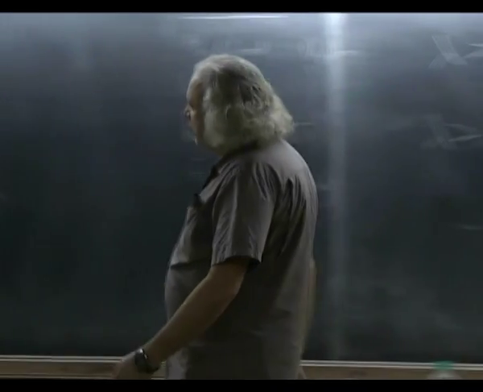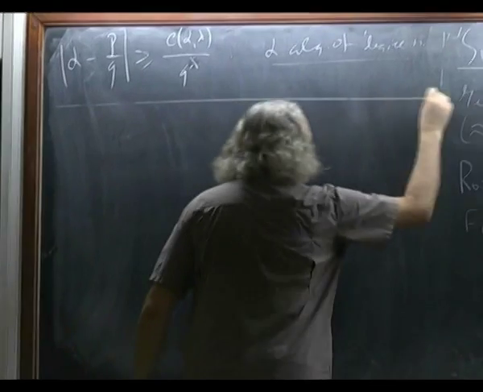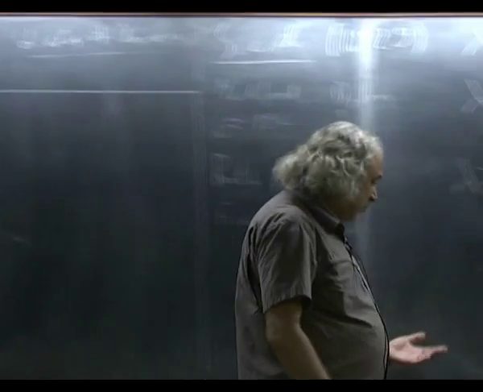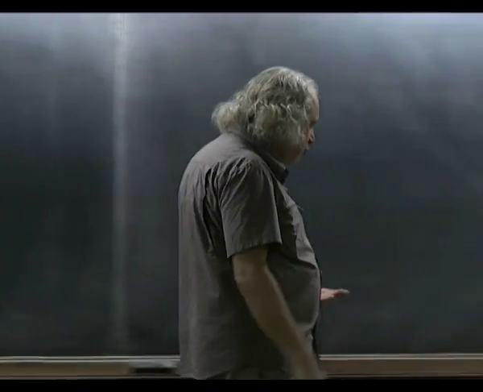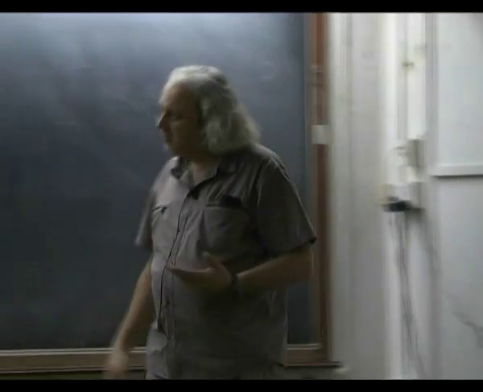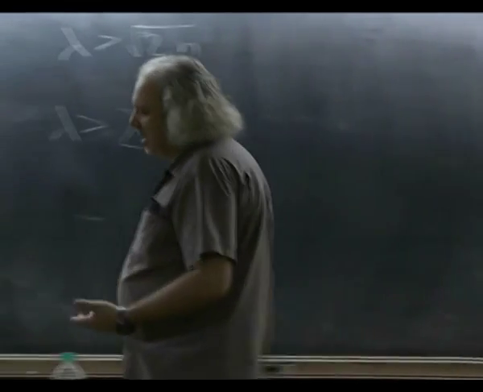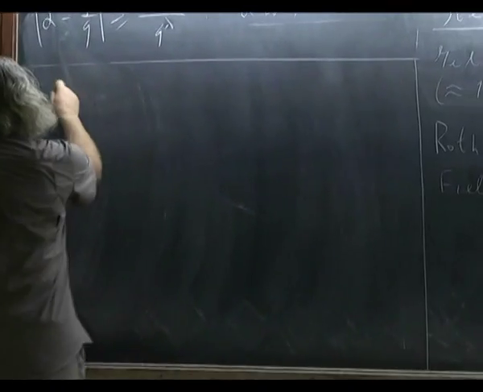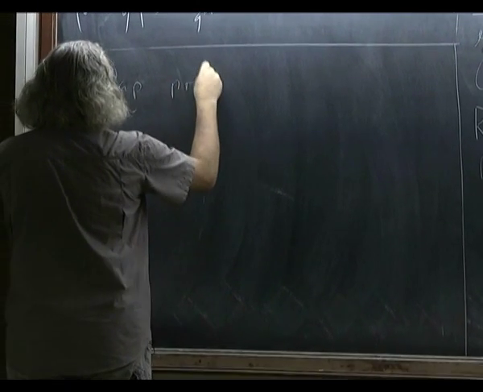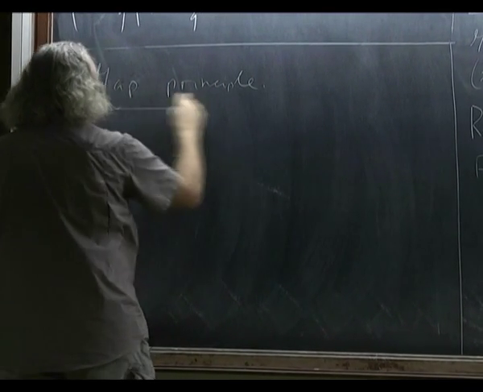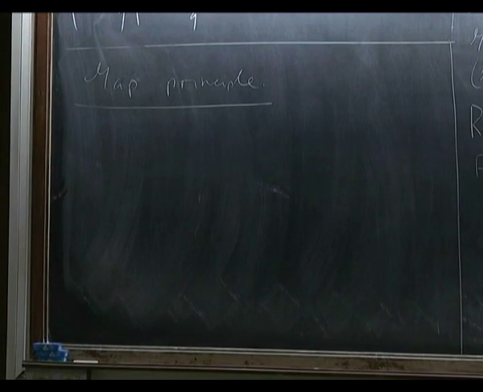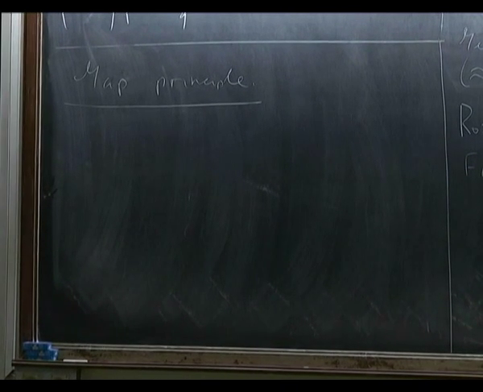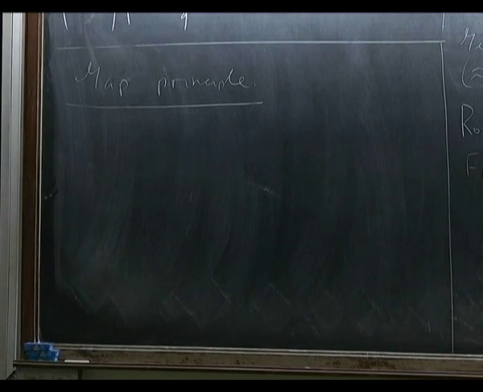And well, one of the main tools behind the proof of the argument of Thue was what is called the gap principle. The gap principle in Diophantine approximations tells that good approximations to a real number are very, very sparse.